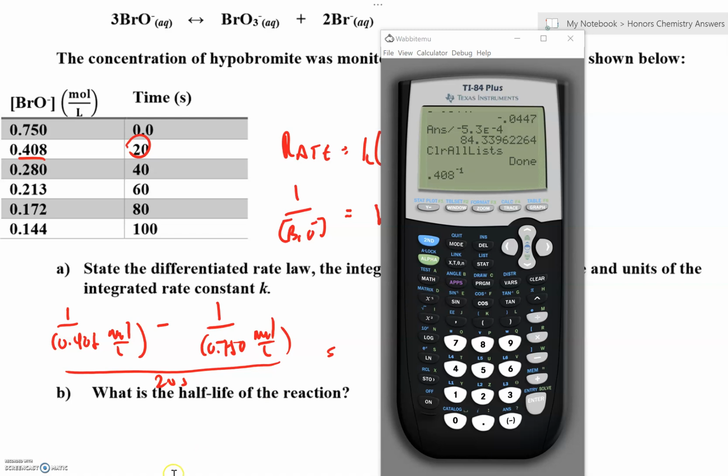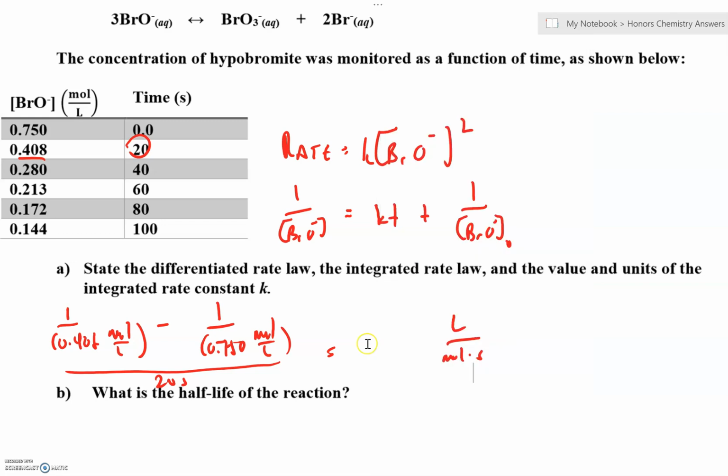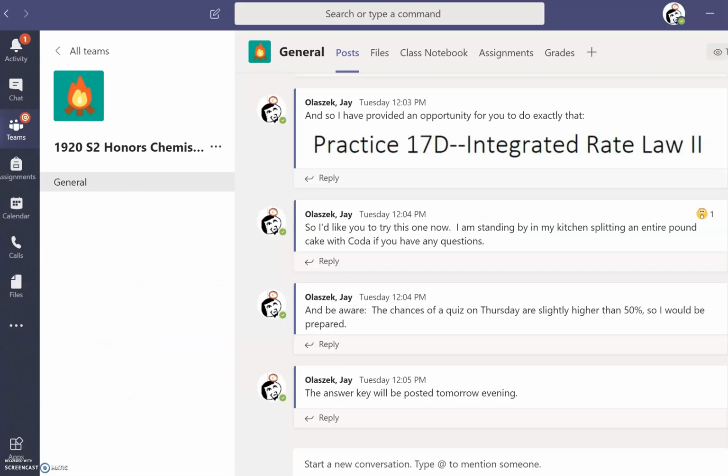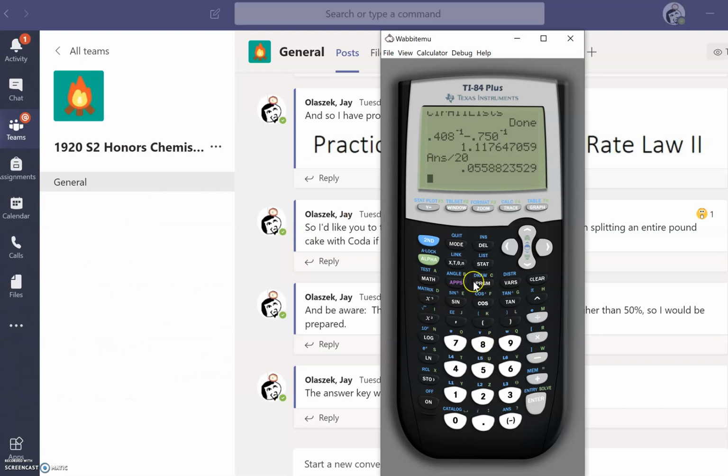Took a little fixing. Now minus 0.750. Invert, and we'll take that and we'll divide that by 20 seconds, and this is going to be our value and units of the rate constant K. We'll call it 0.056 liters over moles seconds, or you could simply, that's not what I wanted, run a linear regression on this data, provided of course that you tell the calculator to do the linear regression on L1 versus L4.